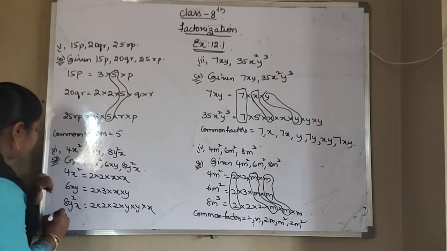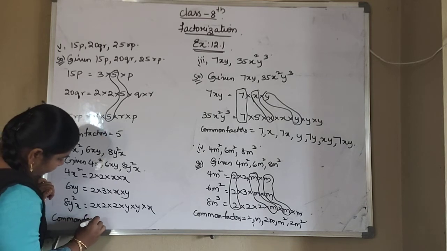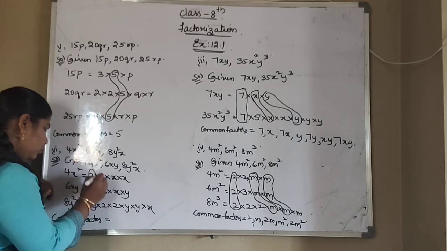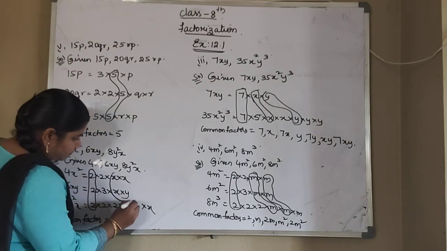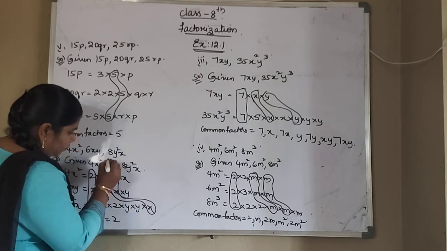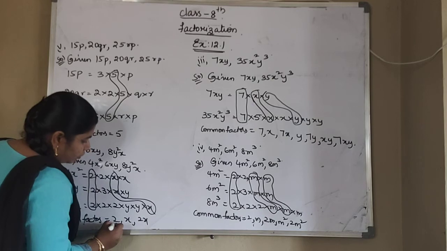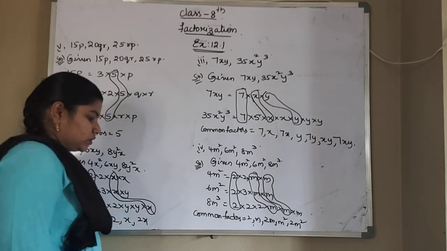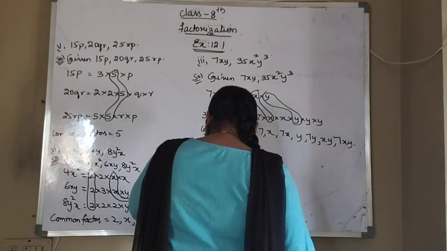What are the common factors now? 2 is common. Next, x is common. And 2 into x, 2x, is also a common factor. So now the last one in this bit.